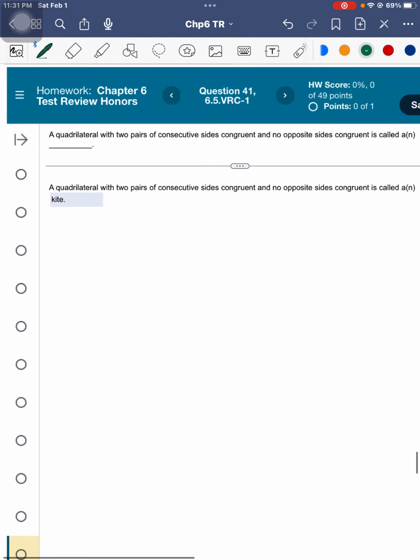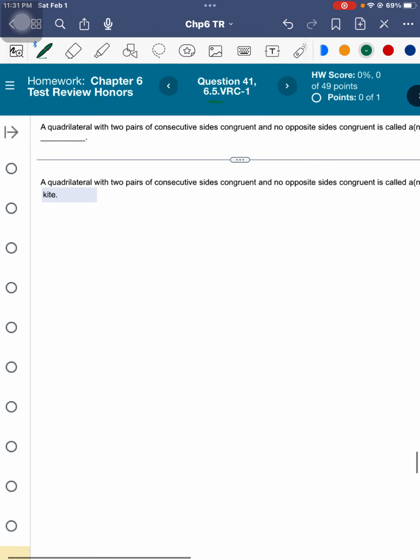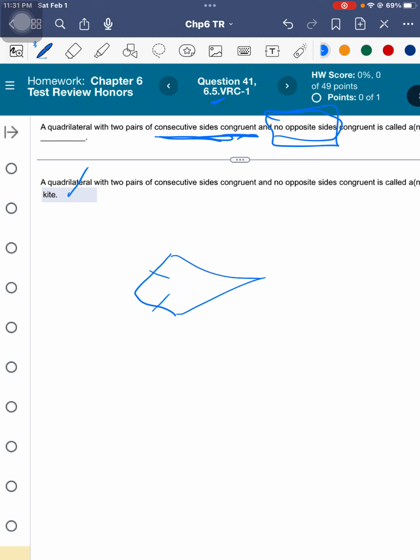And let's look at this. Quadrilateral. Oh, look, we're on 6.5 now. A quadrilateral with two pairs of consecutive sides congruent and no opposite sides congruent is called a kite. Remember, a kite looks like this.